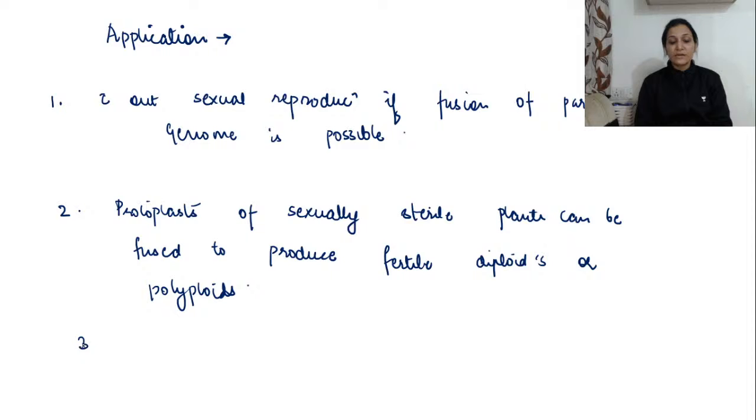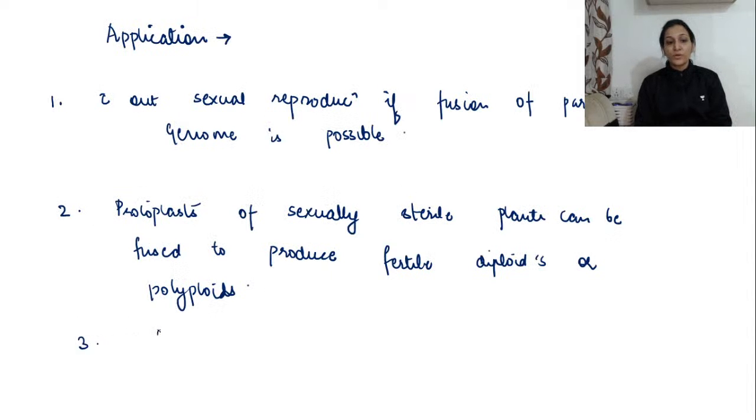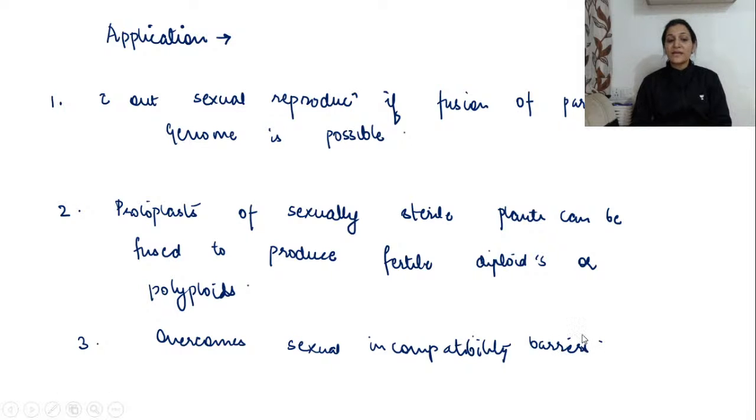Now, somatic cell fusion overcomes sexual incompatibility barriers. In some cases, the somatic hybrids between two incompatible plants have also found application in industry and in agriculture.